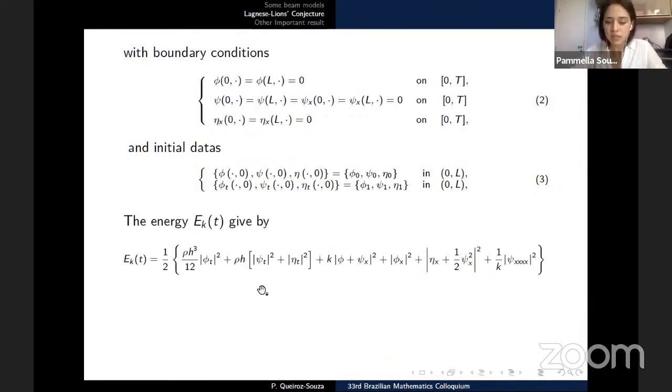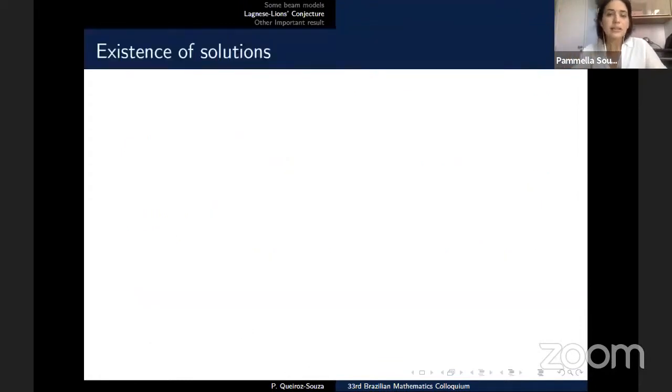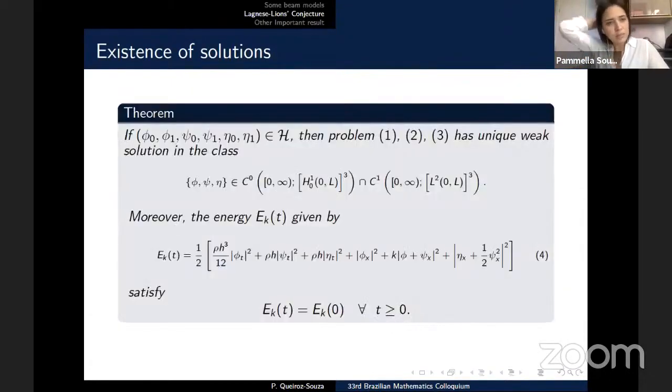We can also guarantee that the energy is conservative, that is, this expression holds for every positive time. The existence of a solution for this problem can be guaranteed by this theorem.